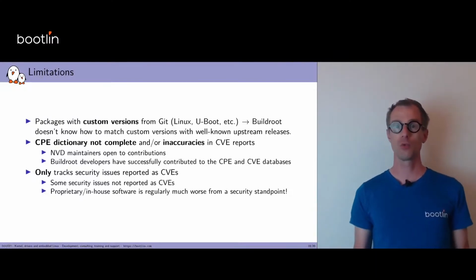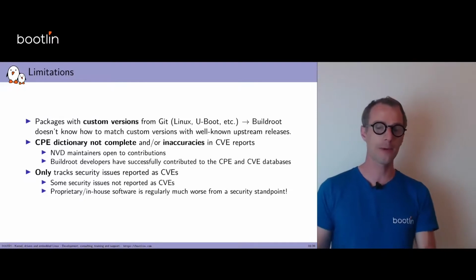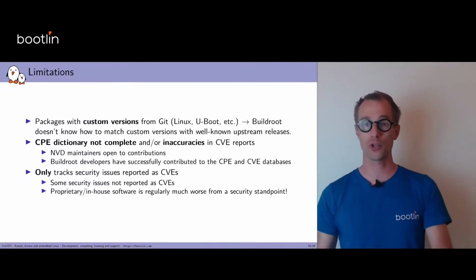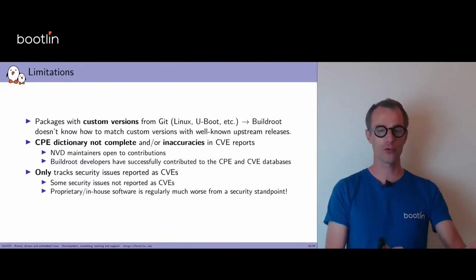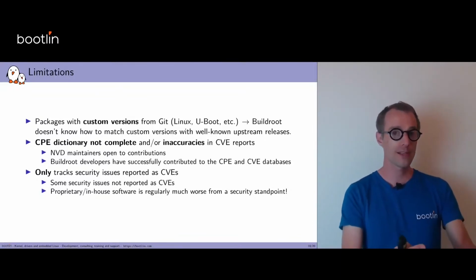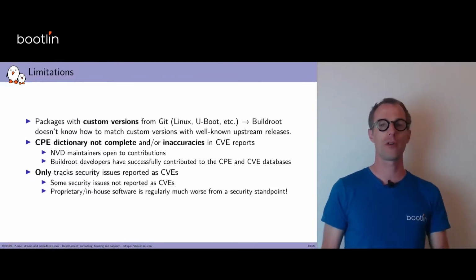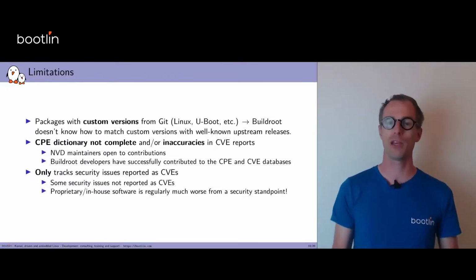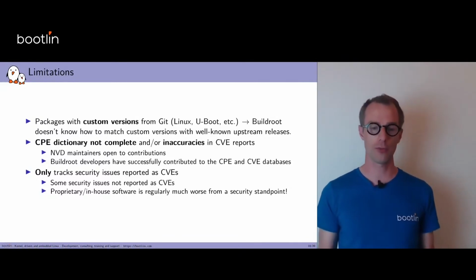And in those cases, you will typically use some kind of git hash or a custom git tag to refer to the version of your Linux kernel or U-Boot. And there is no easy way for Buildroot to map that to what specific upstream kernel release it corresponds to and whether a certain set of CVEs might be affecting you or not. So this is not something that we are handling at the moment.